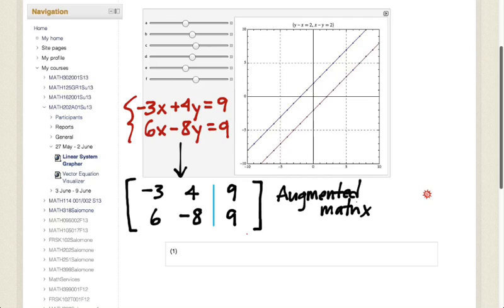And now that it's been arranged in this fashion, can you find another way to convince me that in fact these two lines are parallel? What's a way of getting at the slopes being the same without having to find what the slopes are? Can you see any relationship between these two rows?